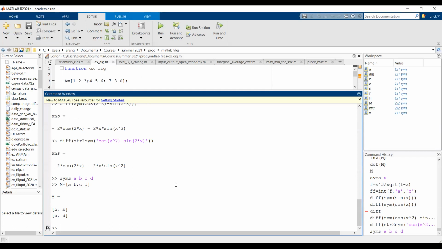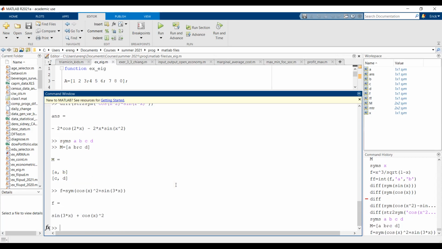So we can define f, for example. I can define this as a symbolic: cosine x squared plus sine 3 times x. Do you agree, guys? This is my f or y, whatever.